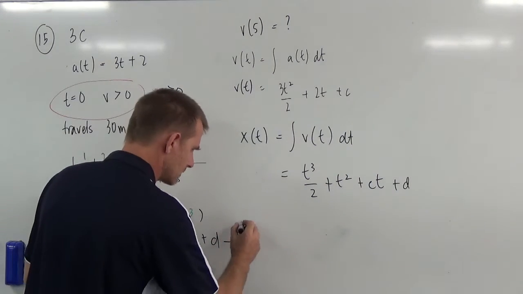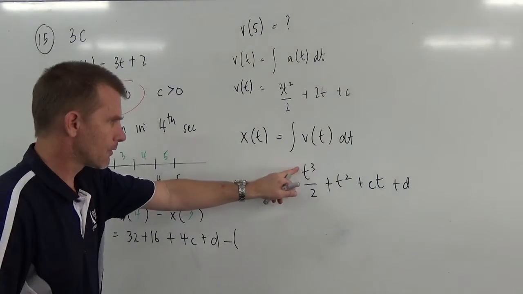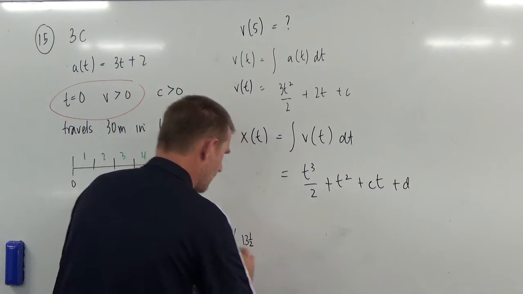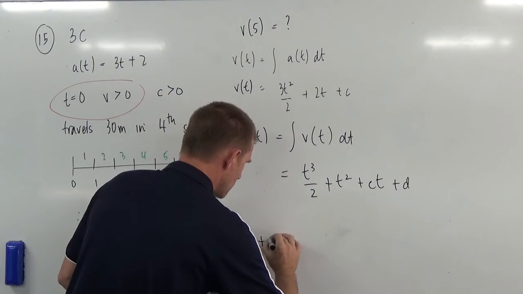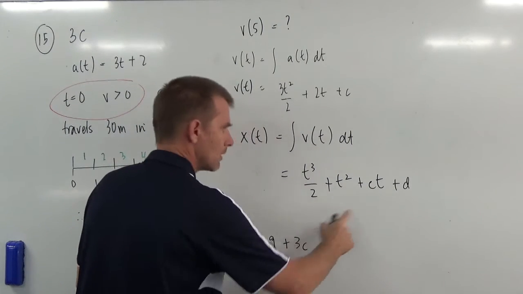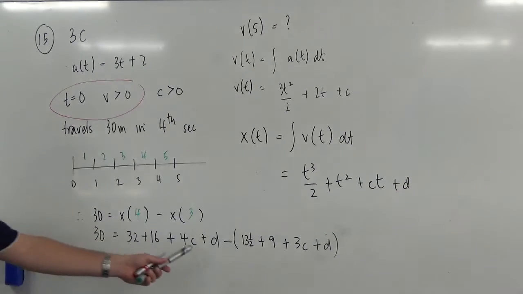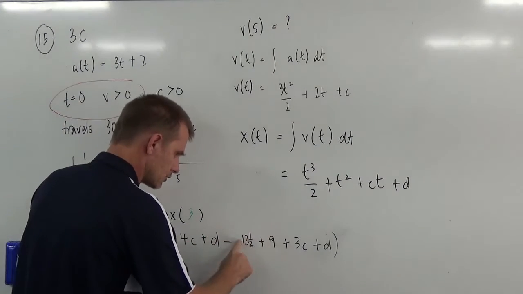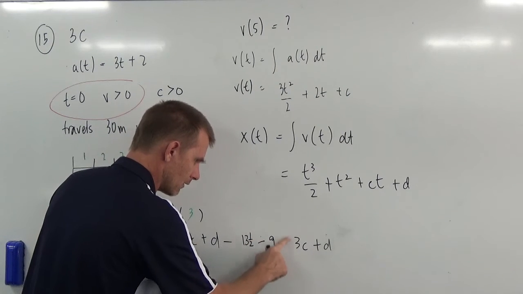So it's going to be minus, I'll put a bracket for the moment, I'll get rid of it in a minute. 3 cubed is 27. So this is going to be 13 and a half, 27 divided by 2, plus 9, plus 3c, and plus d. Now, because I've got this minus here, I'm going to move that in by changing that, and all of these have to go to negatives.